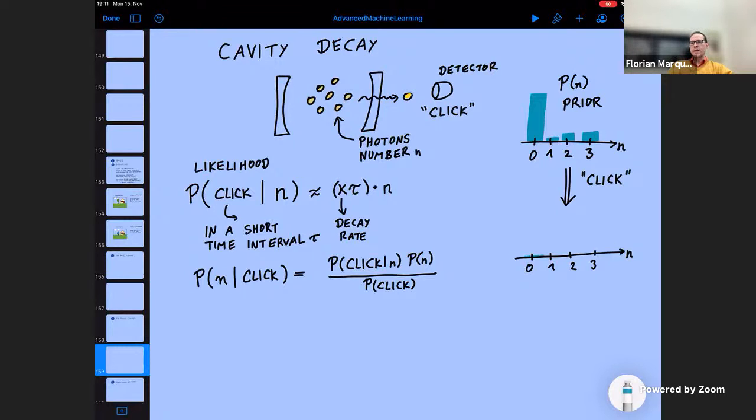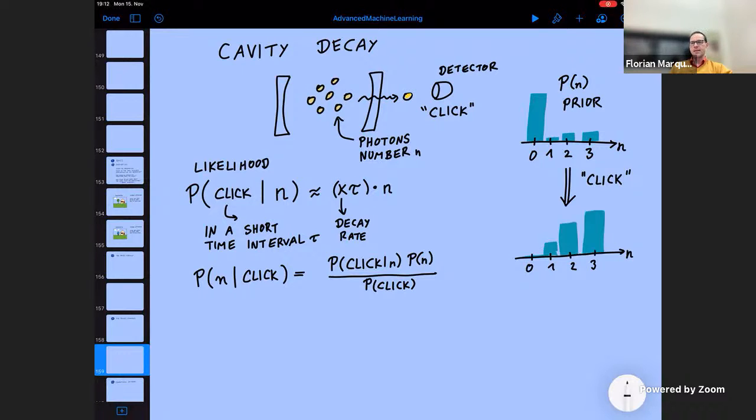All the others are multiplied by n, so the larger the n, the more strong the enhancement, in addition to the enhancement that comes about because I have to renormalize, and now since the peak at 0 is gone, everything else wins. So in the end, I will have something like this. With a proper scaling, of course, normalization is still obeyed. So this is interesting. So that's the update that Bayes tells us.